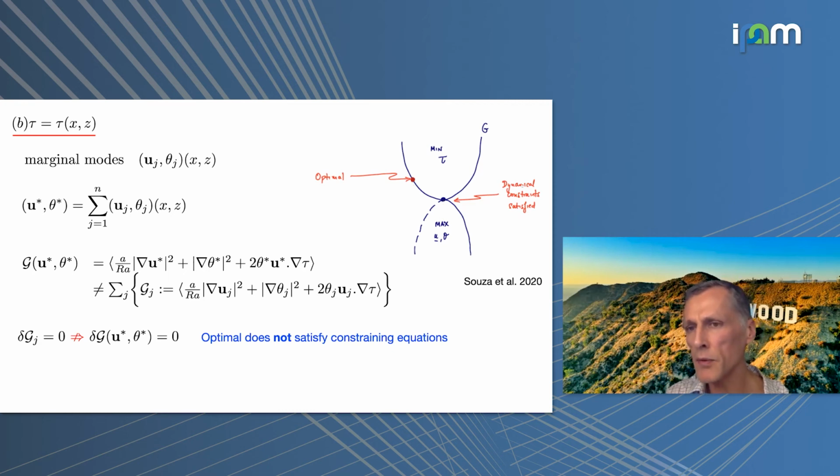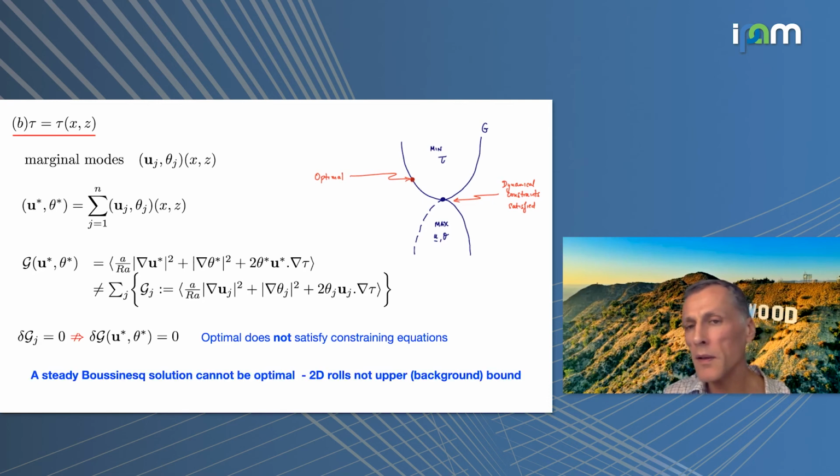So the dynamical constraints are satisfied at this saddle point, but the solution of my optimal problem will be away from that saddle. And this is crucial because now what it's saying is that the solution of the optimal problem will not be a solution of the dynamical constraints I'm imposing, because I have to essentially have this spectral constraint too, and that moves me away from this stationary point.